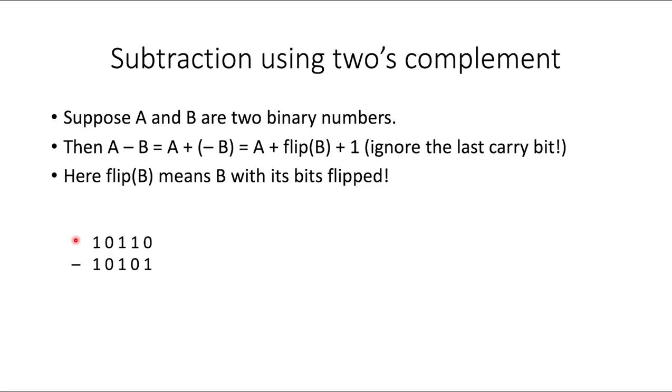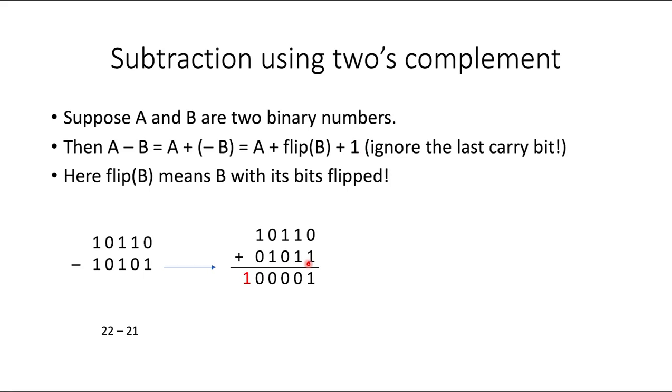So let's look at an example of this kind of subtraction. Here's the same example as before, 22 minus 21. Now let's compute it using this method. First we take b, which is 10101, and we flip all of its bits. So we get 01010, but then we add 1. So on the bottom here we have 01011.